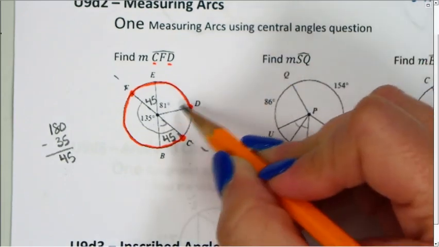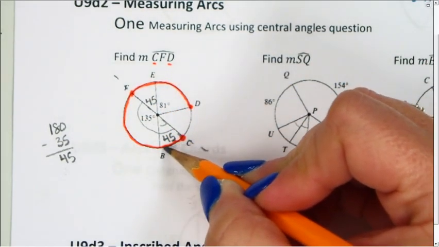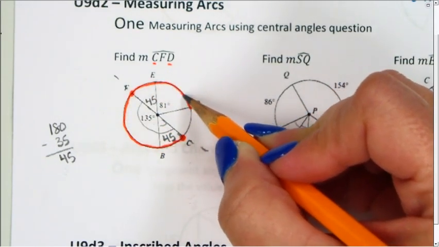So then to find out how big this whole arc is, I'm going to add 45 plus 135 plus 45 plus 81.